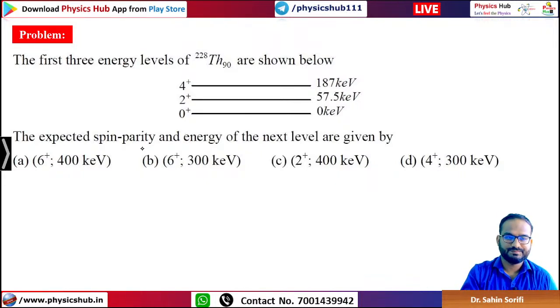Option A, very good. So obviously the next level will be 6 plus, and the spin parity we can easily say it is 6 plus. Energy of the next level. Energy means we need to find out E6.